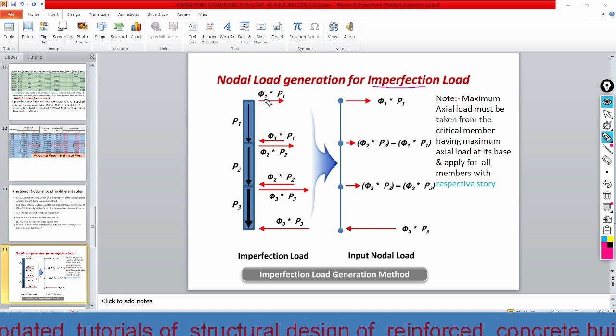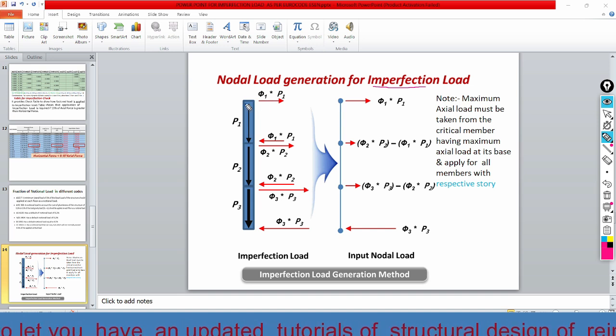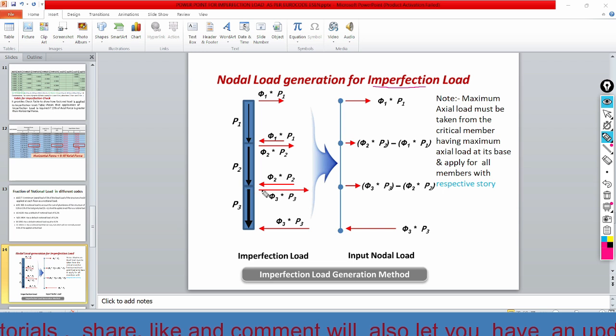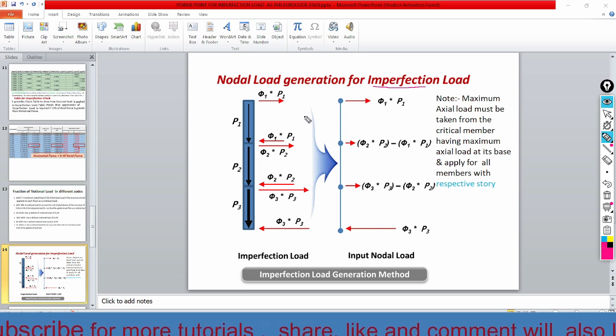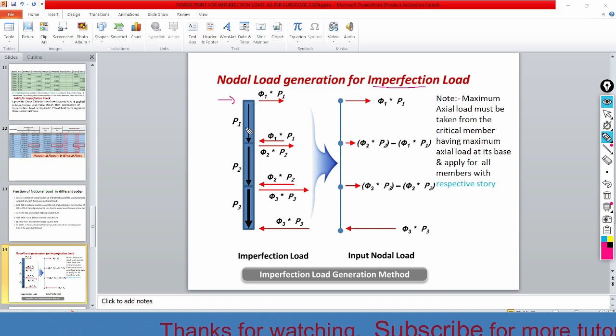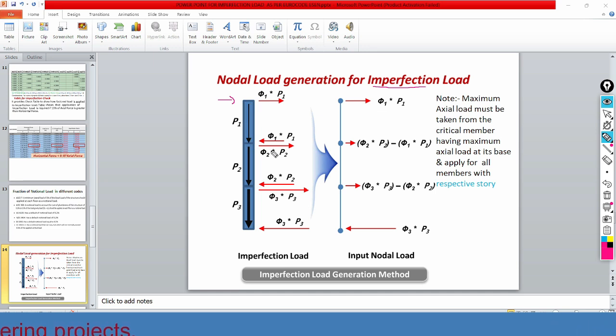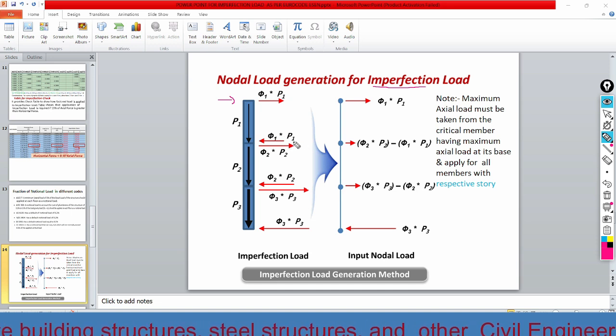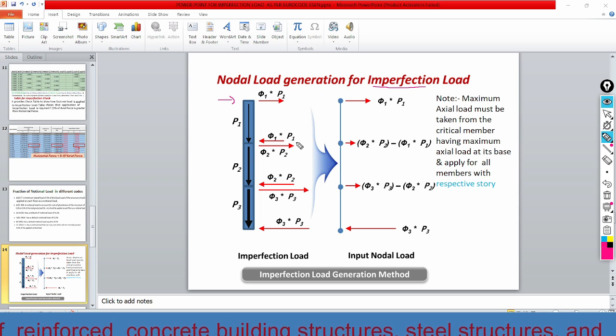Here we have phi 1 for the last story, phi 2 for this story, and phi 3 for this story. The lateral load applied at the top of this story will be phi 1 times P1, where P1 is this axial load. For the lower story, phi 1 times P1 will be acting in the opposite direction.